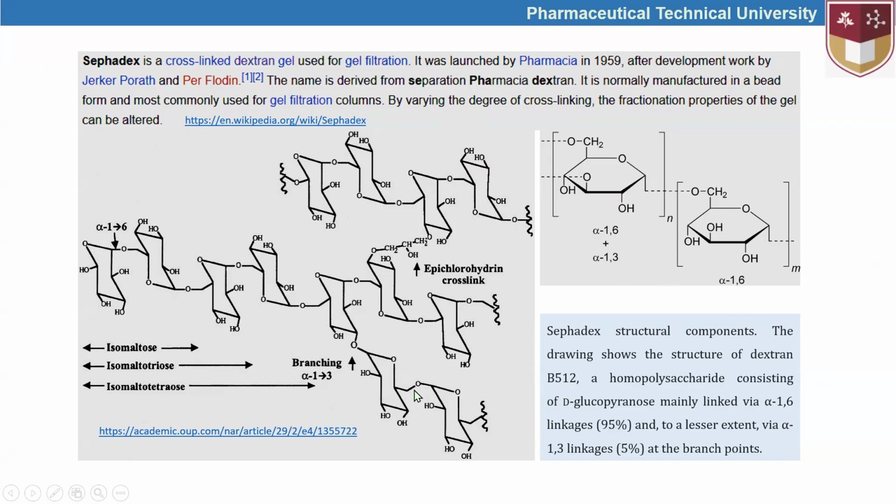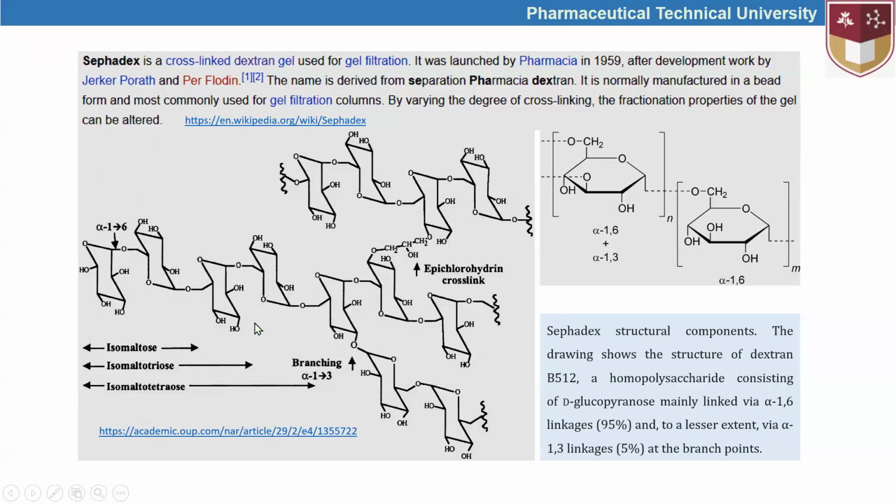Here we can see 1,6. This is the alpha 1,3 bond, and this one is the 1,6 alpha bond. So it has two different glycoside bonds in dextran.